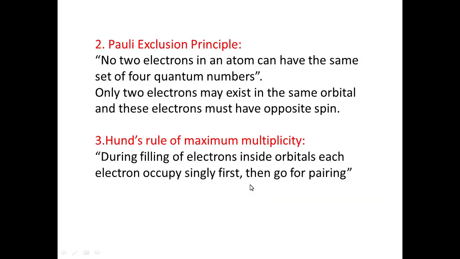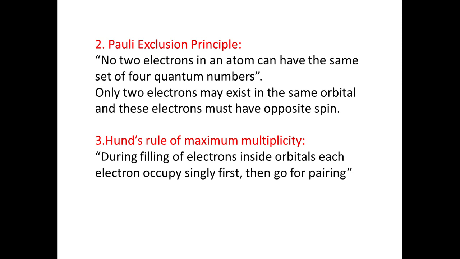On to the next rule, that is the Pauli exclusion principle. What is called the Pauli exclusion principle? Very easy. The Pauli principle says that no two electrons have all 4 quantum numbers the same. So inside any atom, there are no two electrons having the same values of all 4 quantum numbers.